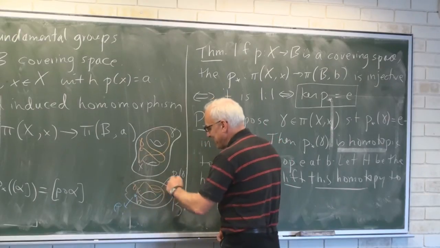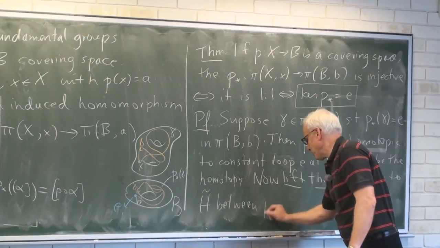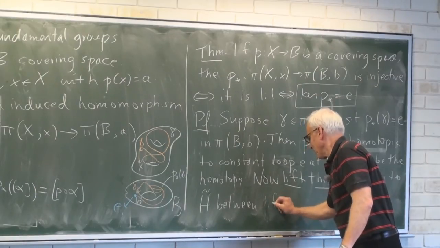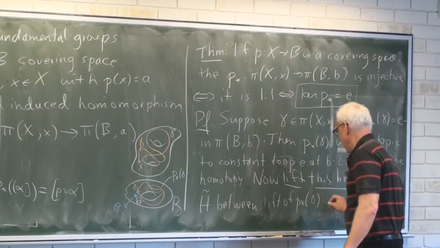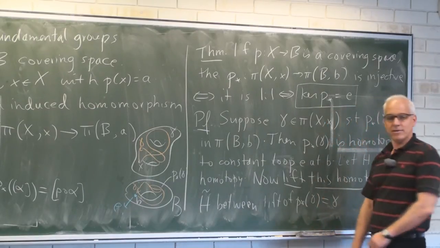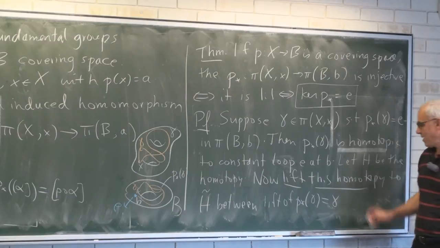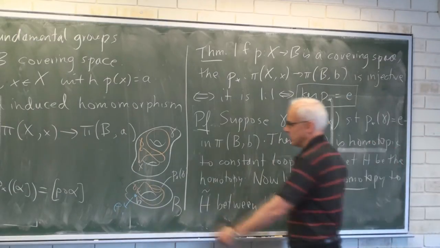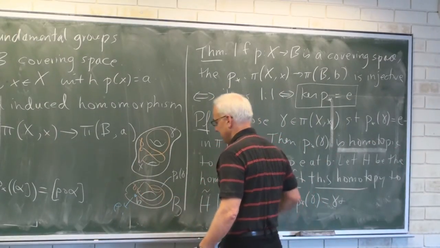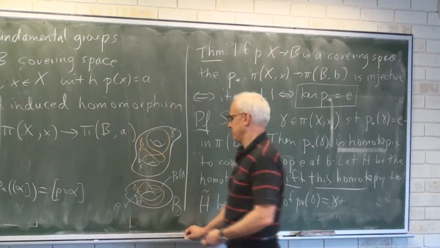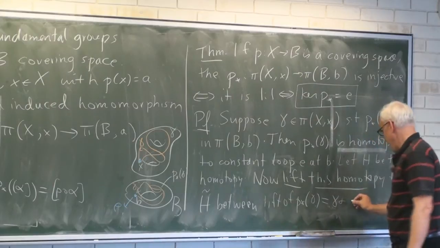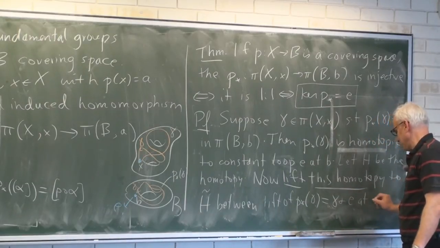So the lift of P star of gamma is actually gamma, and the constant map at x, which just stays at x, doesn't do anything, and the identity at x.